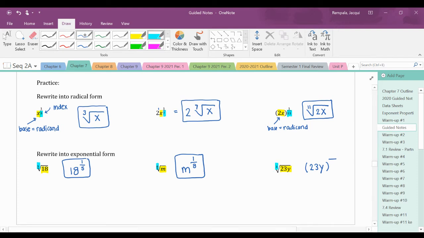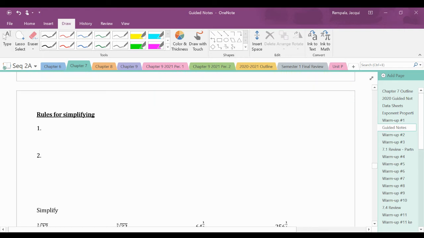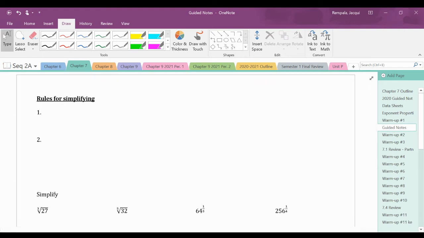The little index there is a 3 that goes in the denominator. The numerator is a 1. So without the parentheses, we would have a completely different answer. So notice that if there's more than one thing underneath that radical, put it in parentheses when you're rewriting it as a base.